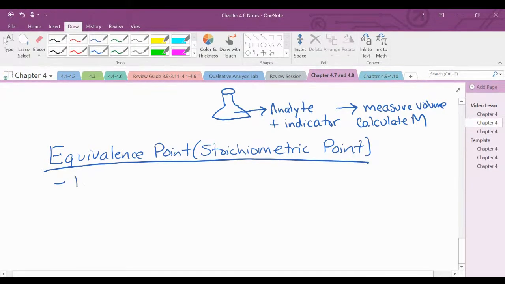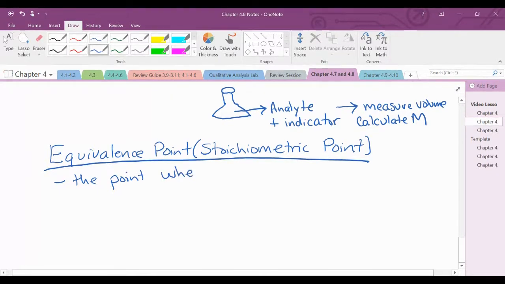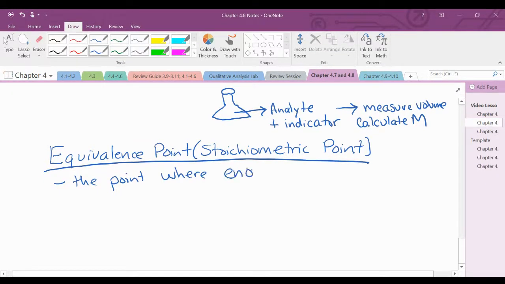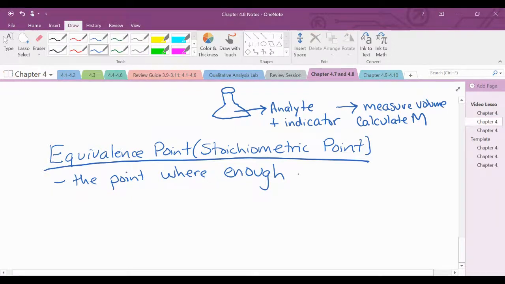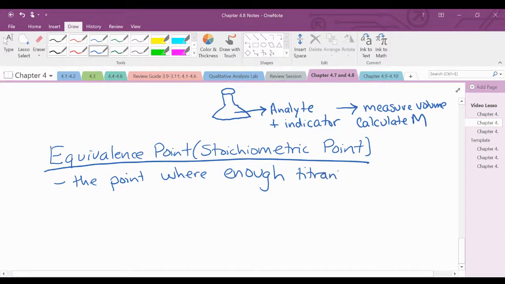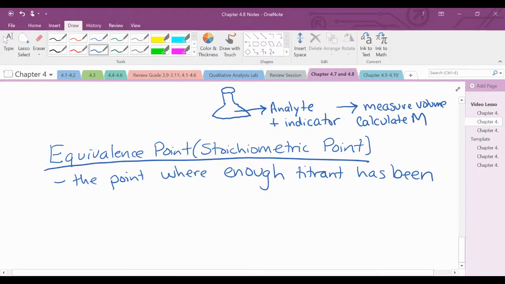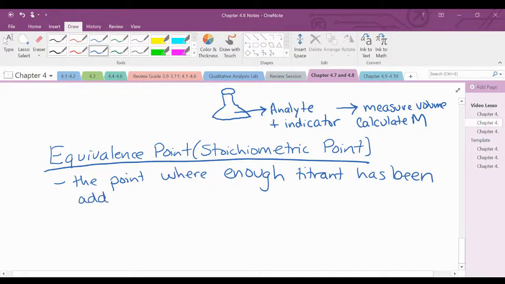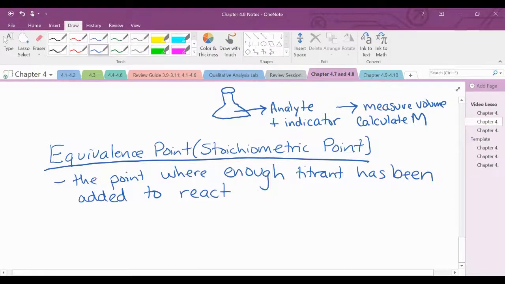And this is the point where enough titrant has been added to react completely with the analyte.